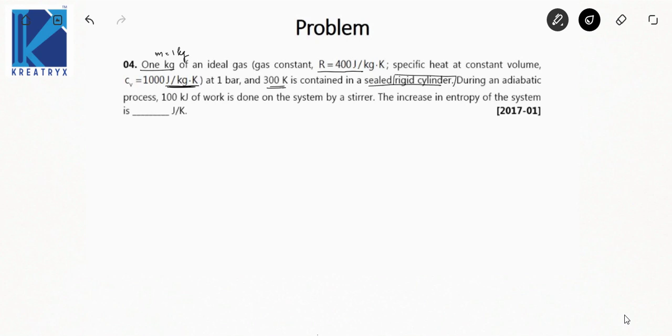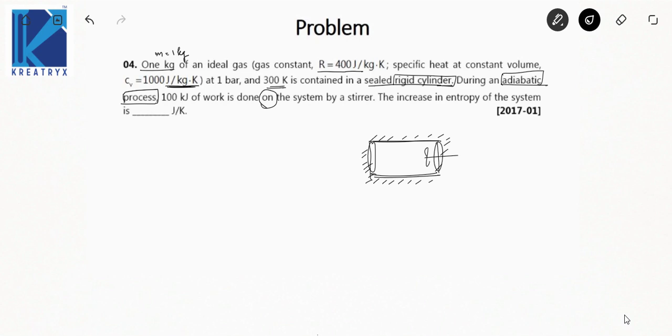Keyword, during an adiabatic process, keyword, 100 kilojoule of work is done on the system by a stirrer. Catch the keywords. You have to find the increase in entropy of the system. So a rough sealed rigid cylinder. Okay, this will be a cylinder.